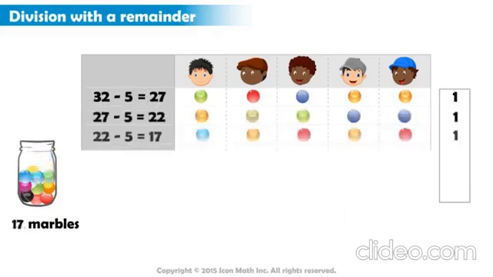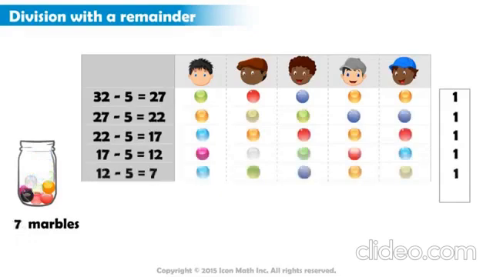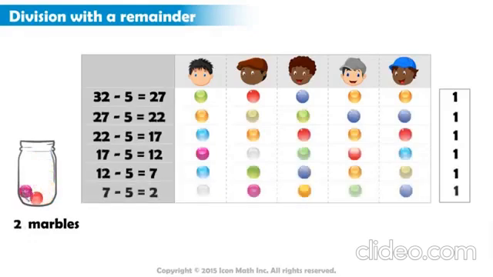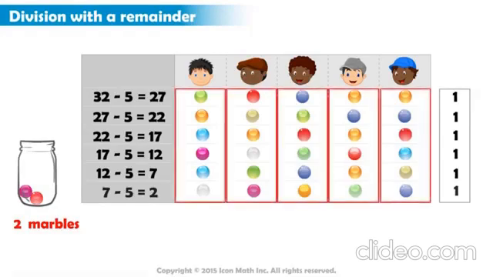We continue subtracting 5 from the amount of marbles left. Look, now we have 2 marbles left. Unfortunately, we cannot give them to anyone because everybody should have the same number of marbles for there to be a fair game.